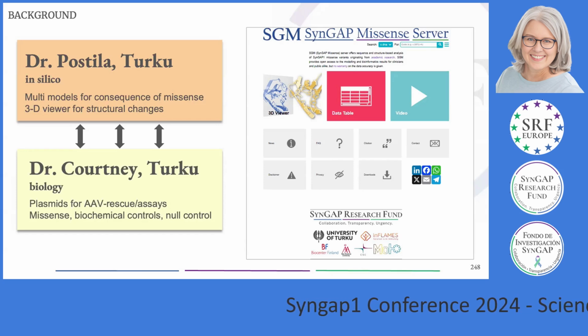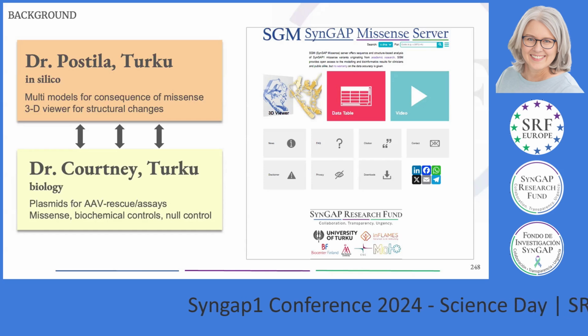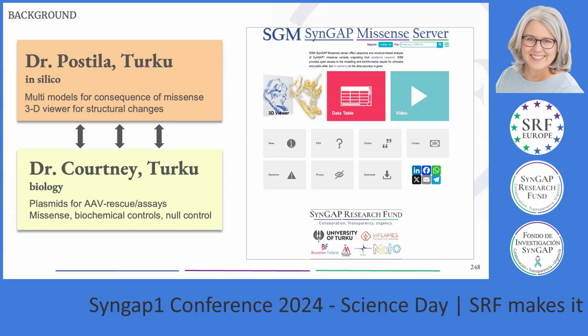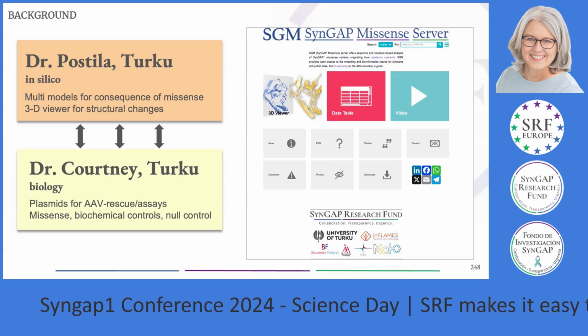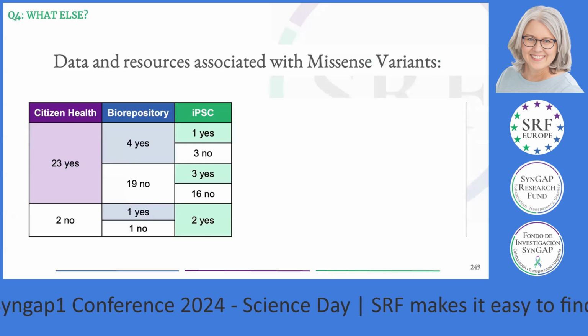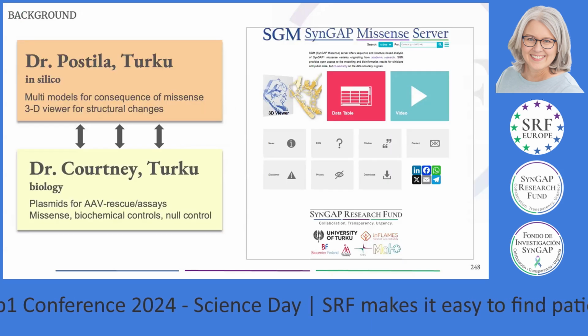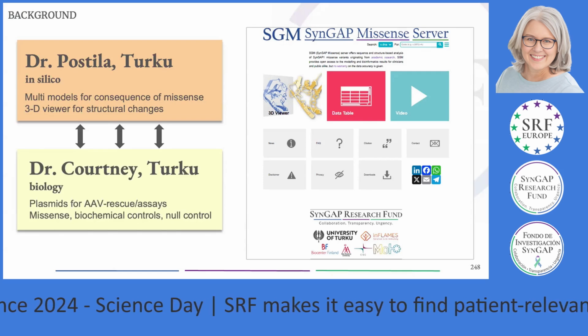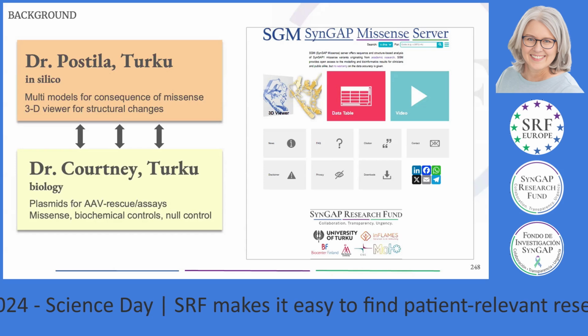What I'm going to show you today is two things. In orange, we have Dr. Pastila, and that's going to represent his Syngap missense server. I think we've talked about that before. The Syngap missense server has the top three buttons there.